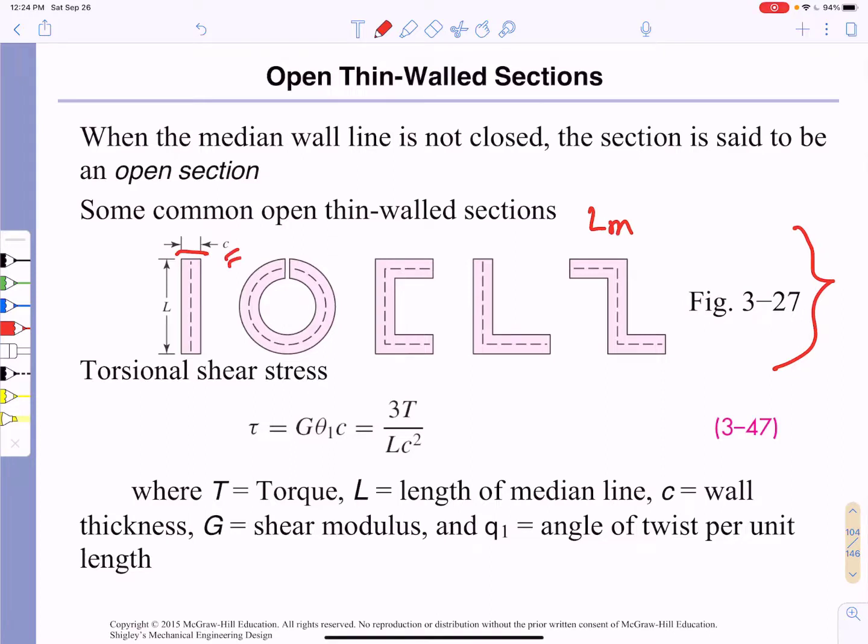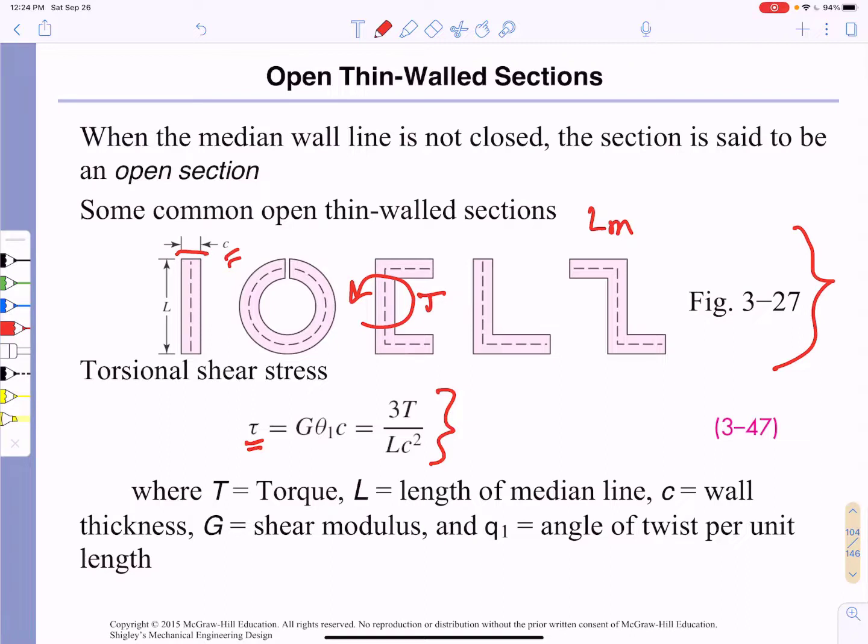We find that if any of these are exposed to some torque T, we get a shear stress that varies with this equation right here. The shear stress varies as 3 times the torque divided by the median length and c squared, where c is the thickness of the section.